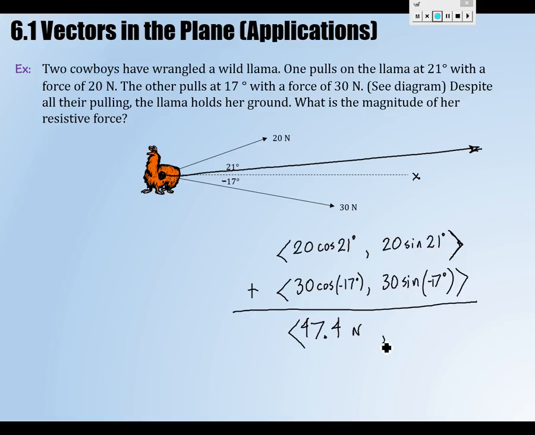Is it actually below the x-axis by a little bit? I really drew it wrong, didn't I? So it's negative 1.6. Can you conceive of why my diagram might be wrong? I didn't draw it to scale. So it's actually a little below the x-axis. Negative 1.60 newtons. All right, I'm storing that in B.